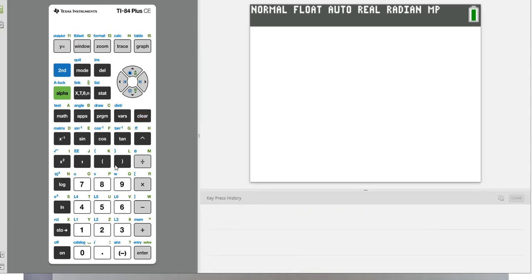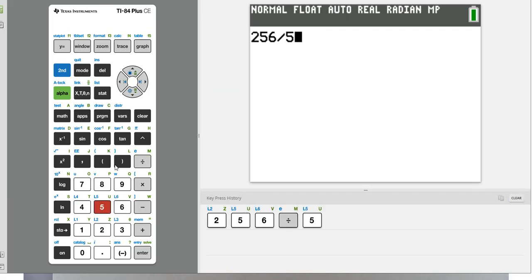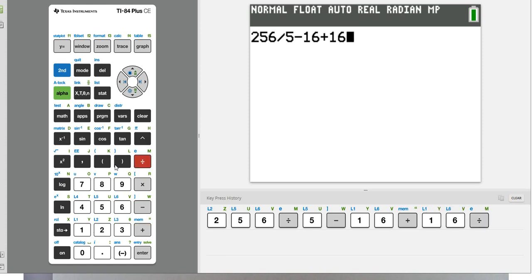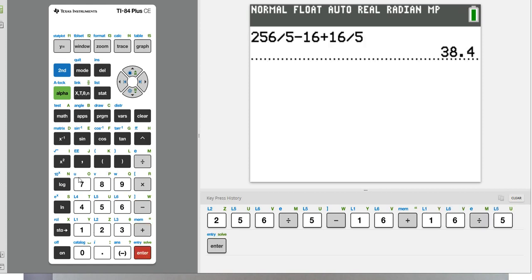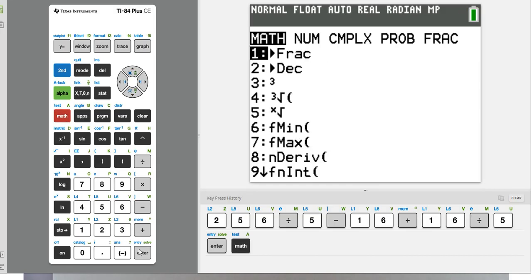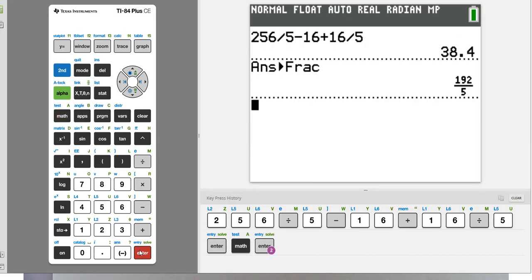It's going to be 256 divided by 5 minus 16 plus 16 over 5. 38.4, hit the math key and press enter twice. 192 over 5 would be my preferred answer. If you give me 38.4, I won't complain unless I actually put instructions that say give me an improper fraction. But either of those is fine.